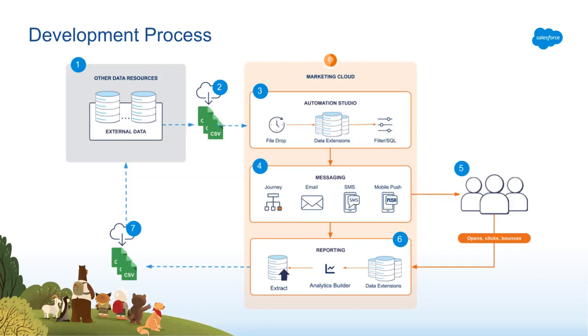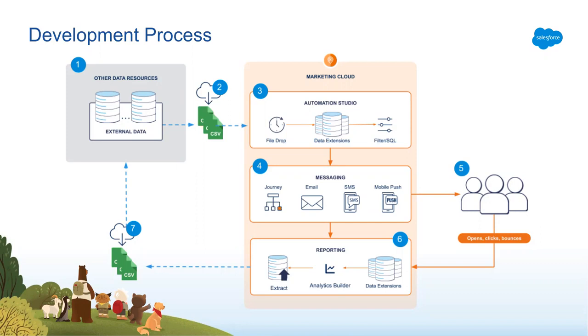And then once you send that file to the FTP account, you can have an automation that would listen to that specific FTP account folder and pick up those files and insert them into a data extension. A data extension is basically just a table, and the data extension is the interface of it.